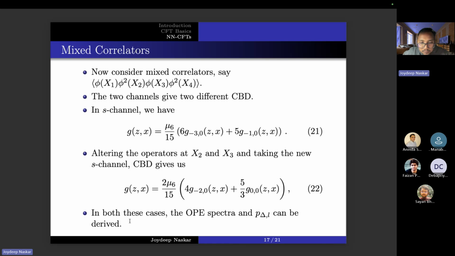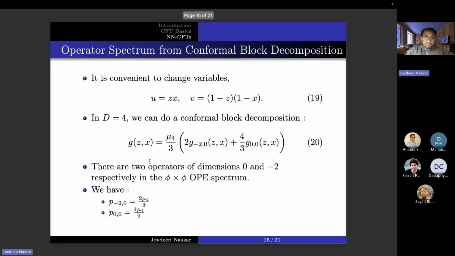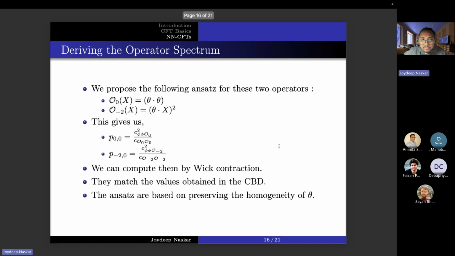Jaydeep, one question. If you go back to the last slide, why didn't you consider something like theta dot x to the power -2? Yeah, we can consider. Good question. We didn't consider because this already gives us what the scaling dimension should be, and it's a finite spectrum. Right now what you have is a negative scaling dimension, so it's non-unitary. Yes.